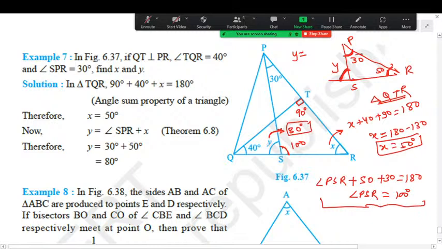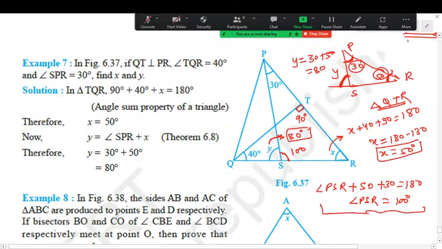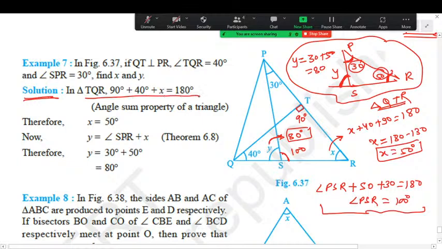This exterior angle must be equal to the sum of interior opposite angles. That means angle y must be equal to 30 plus 50, which is 80. There are two ways to solve this question. Now, it's up to you which way you use. In the solution that I have presented, they have used the angle sum property to find x, then the exterior angle property to find y, because y is equal to these two angles. Which are those two? SPR, which is 30 degrees, and x, which is 50 degrees we have calculated. Got it?